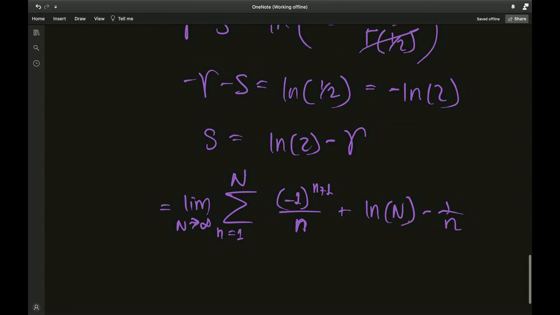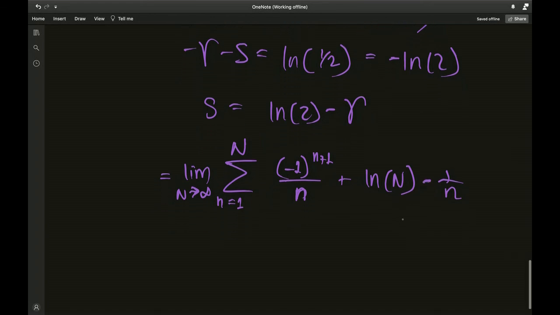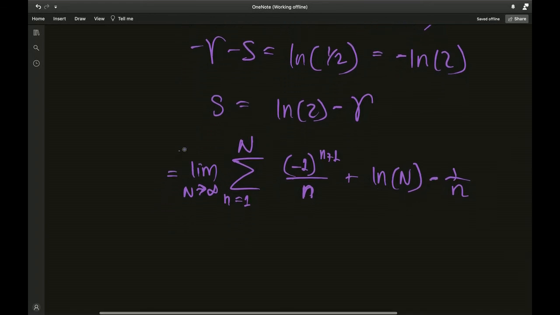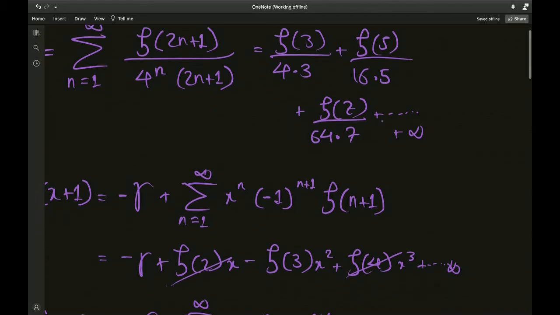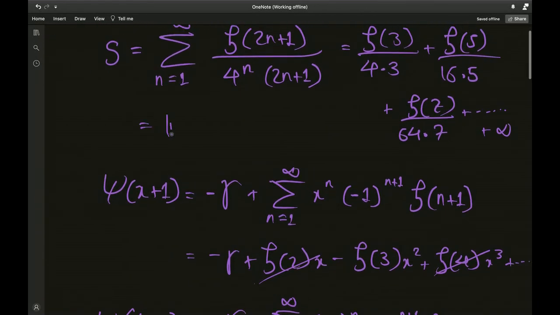These last two terms are the negative Euler-Mascheroni constant. So that's what this sum evaluates to: natural log of 2 minus Euler-Mascheroni constant.